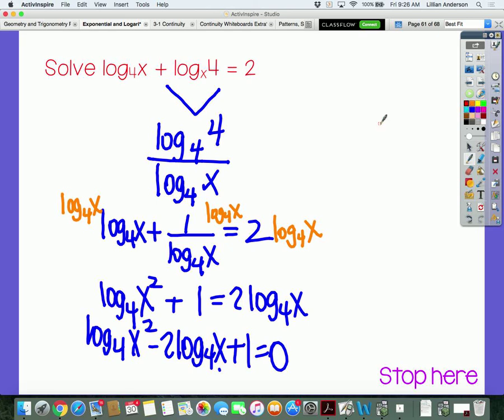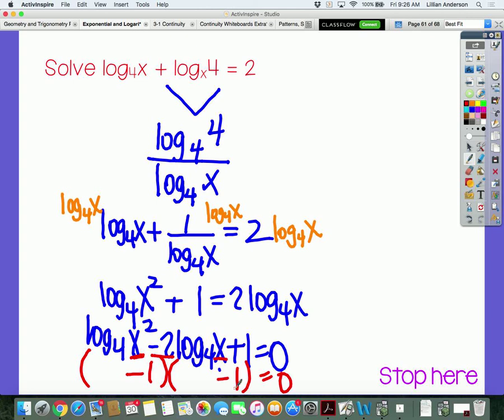So what I'm going to do is basically factor this, just like how you normally would. You basically have your x squared, you have a negative 2x plus 1. What two numbers multiply to give you a positive 1 that add together to give you a negative 2? Well, that's negative 1 and negative 1.